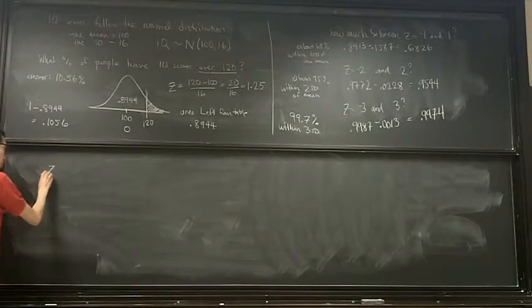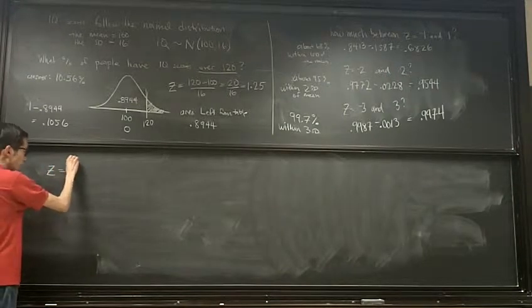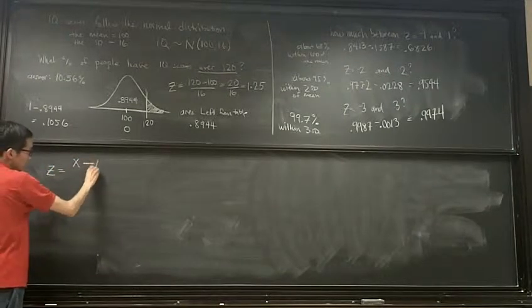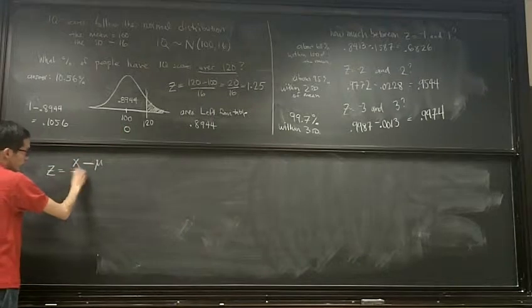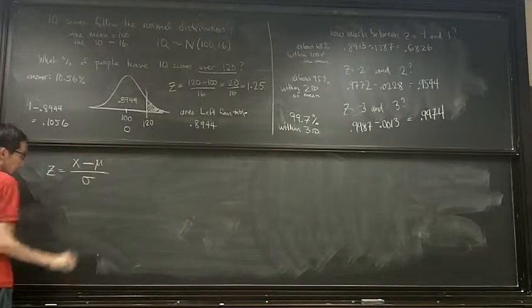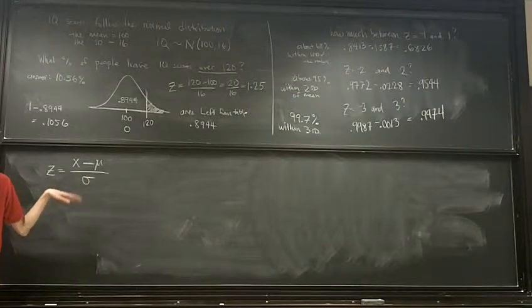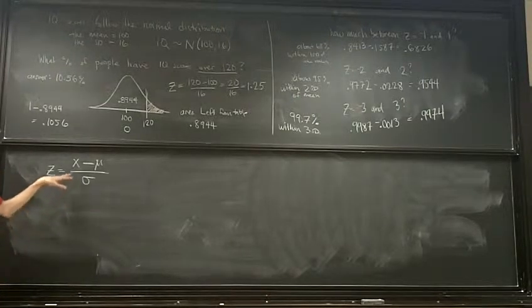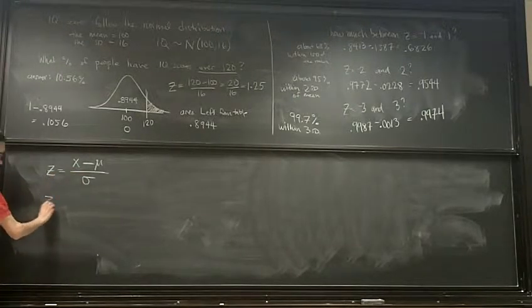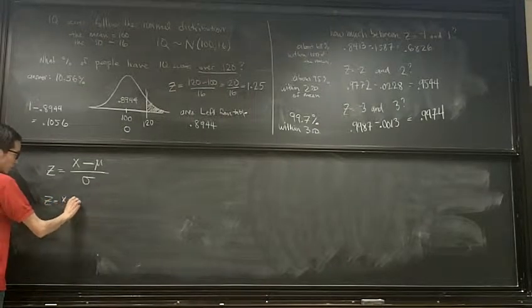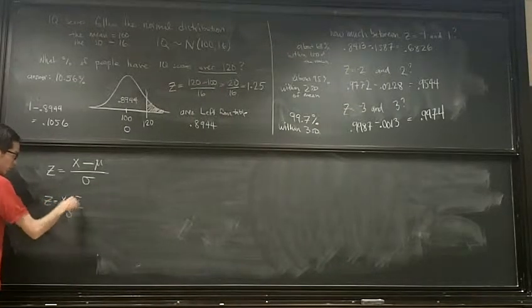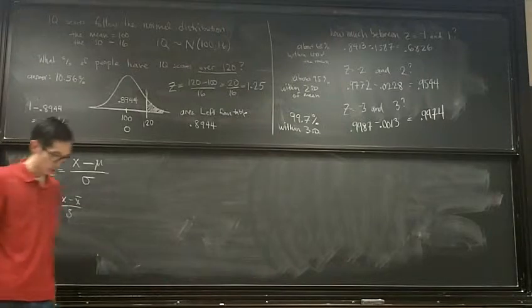So remember, a z-score is whatever number we are, x minus, and in this case, because we're talking about a distribution, we subtract off the mean, and we divide by the standard deviation. There's no addition here. x minus mu over sigma. Before it was z is equal to x minus x bar over s. Now we're using mu and sigma.